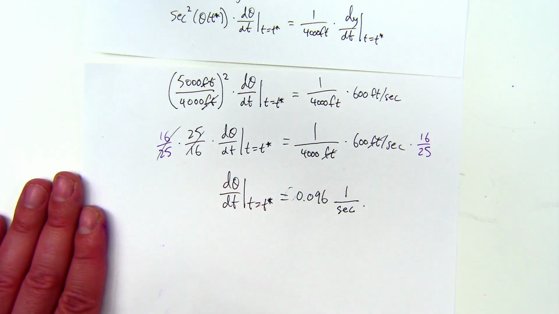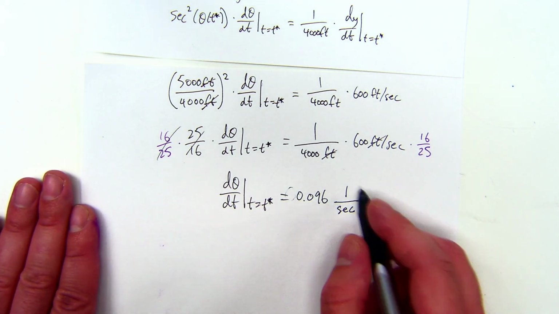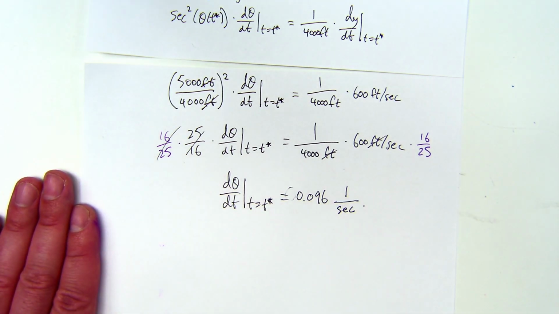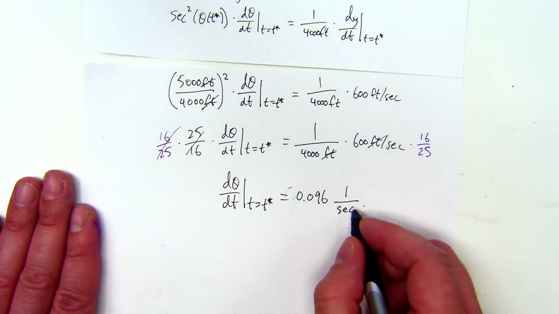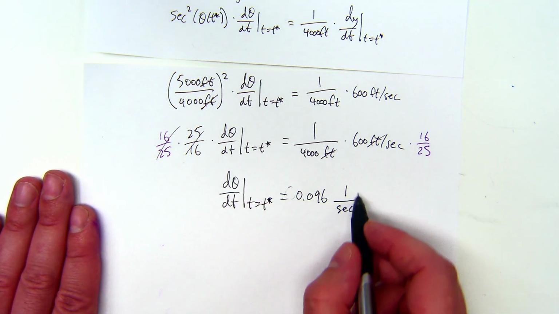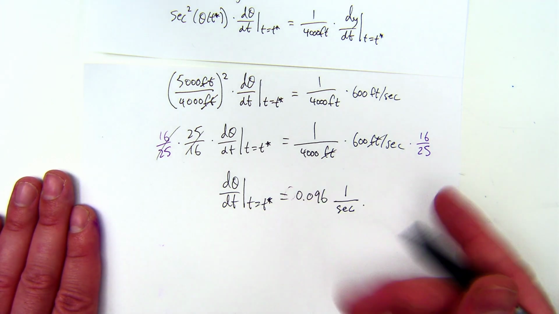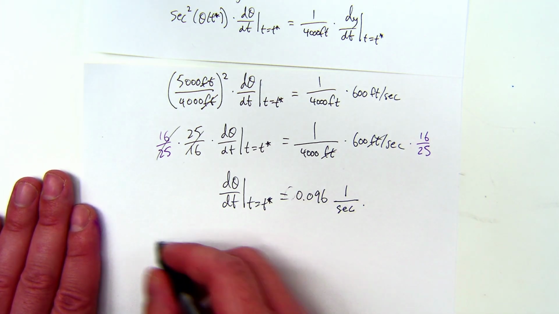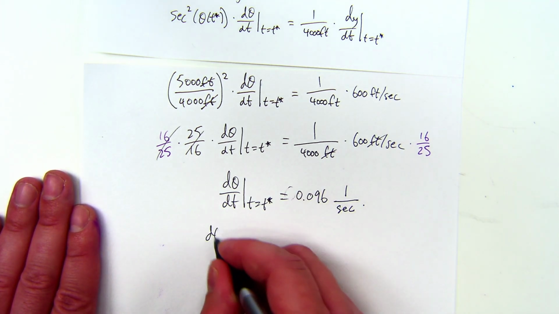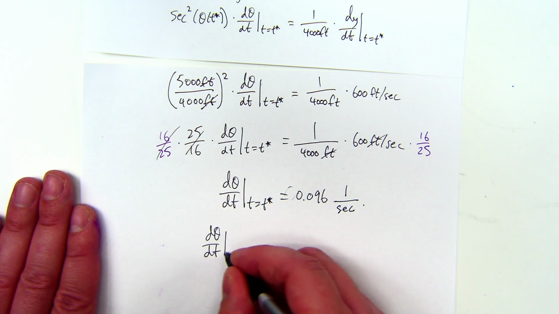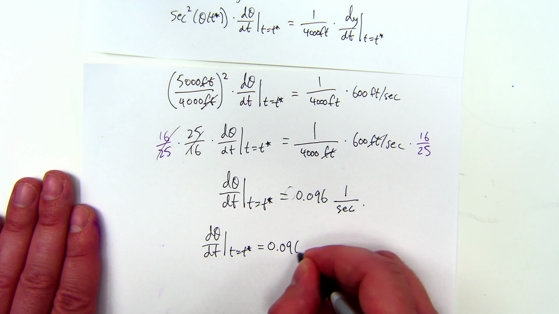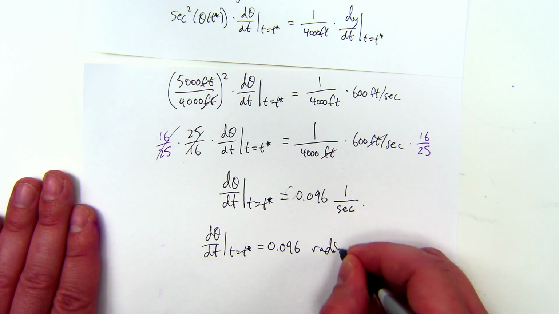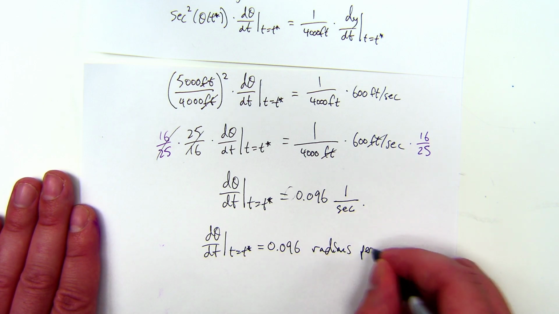So let's see. So 1 over seconds, let's start there. What does that mean? Well, in this instance, we're considering the rate of change of an angle, and radians aren't really a unit to write in here, but the way we should think of this is d theta dt at the special time is 0.096 radians per second.